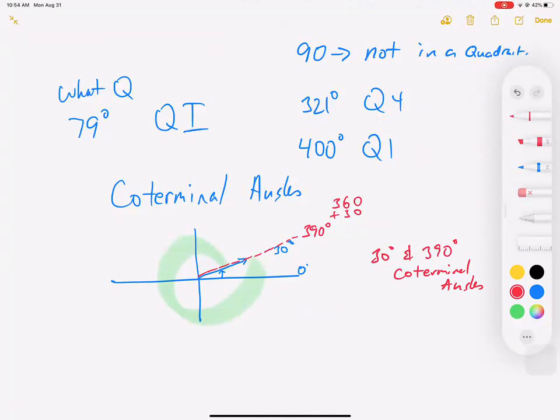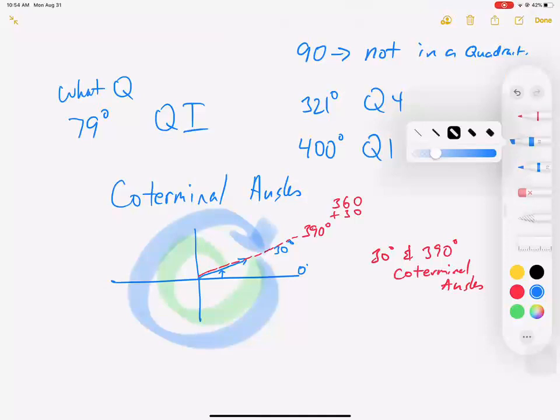Now, we can go forward or we can go backwards. If we went in a negative direction, watch, I'm going to go from 30 degrees backwards this way. I went 360 degrees, right?